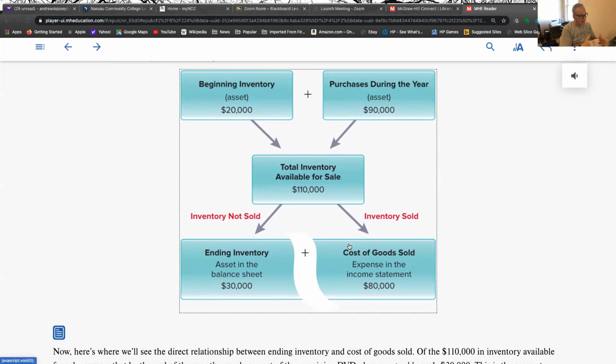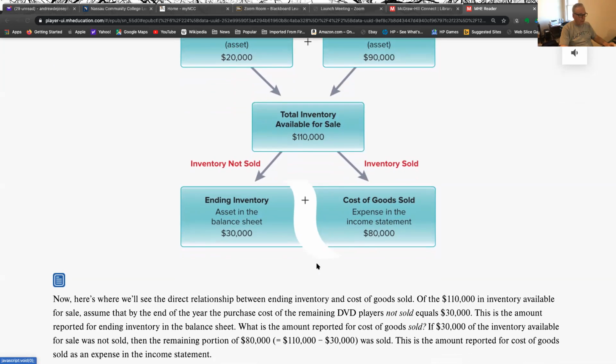I mean, you see all these numbers and sometimes you get confused, but think about the logic. Beginning plus purchases equals total available. Total available minus ending inventory is cost of goods sold, right? So if we know two of these three numbers, we can figure the other one out, right? And we're going to see that in some of the problems that we do.